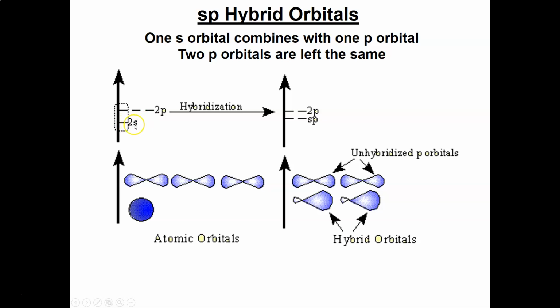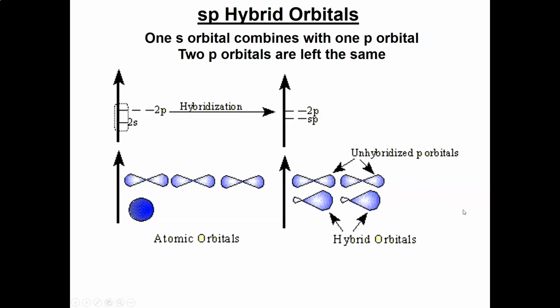The s orbital was down here, the p orbitals are up here, and the sp ends up somewhere in between. It's like compromising a little bit, right? So down here, you can see that we're going to merge these. I get my hybrids out, and then I have the leftover p orbitals that I didn't change. They're still unhybridized. They're still normal. Okay.